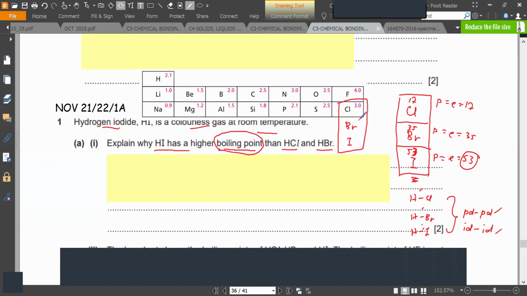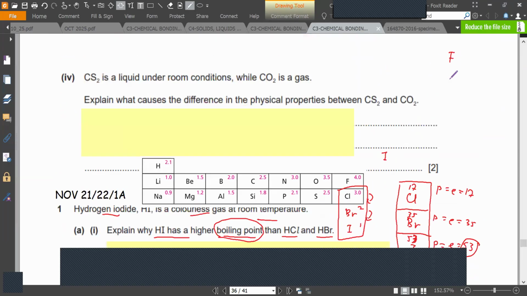So this is 4, 3, maybe like 2, 1, something like that. It should be decreasing. Why is it decreasing? Because for iodine, the radius is not the same. F, Cl, Br, I, the radius is getting bigger.